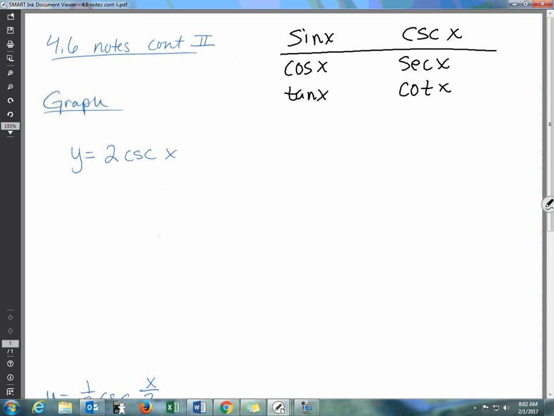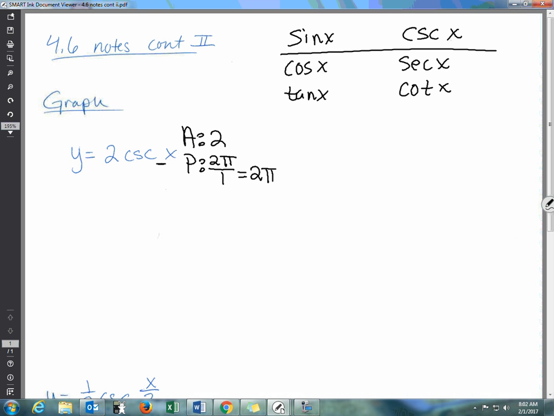Our period length for sine is always 2 pi, and it's 2 pi divided by our B value, which in this case is 1. So the period length for y equals 2 cosecant of x is 2 pi, right?